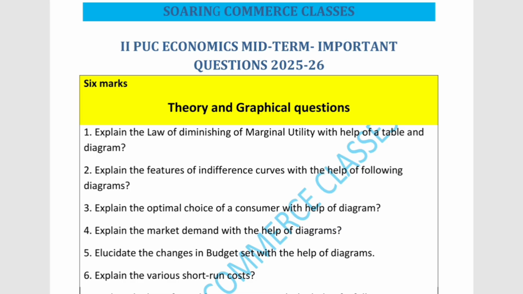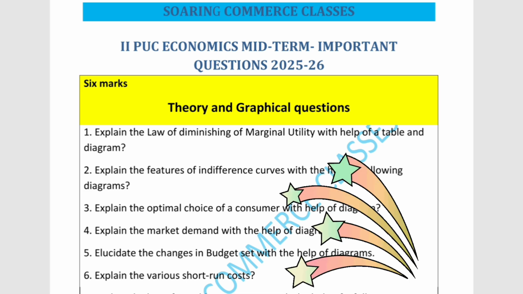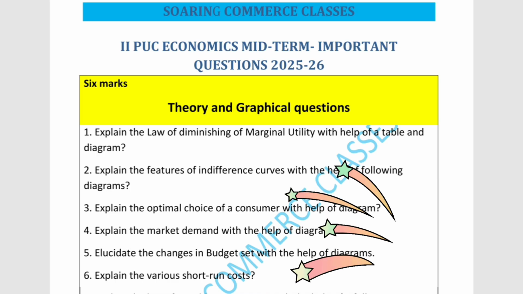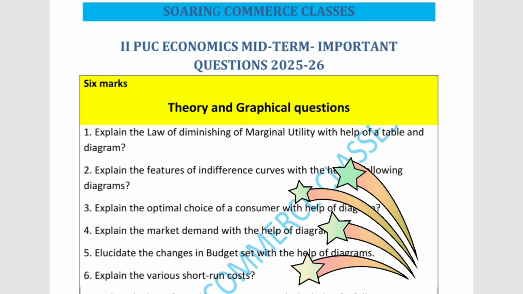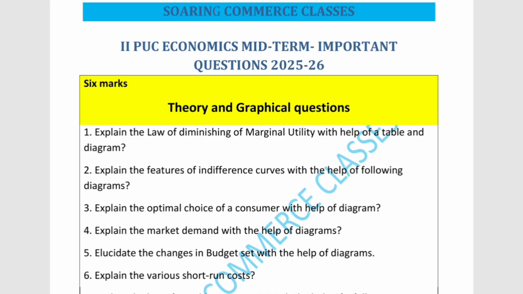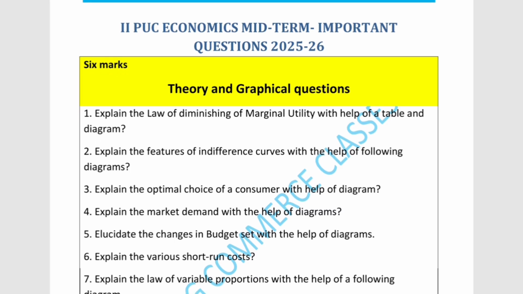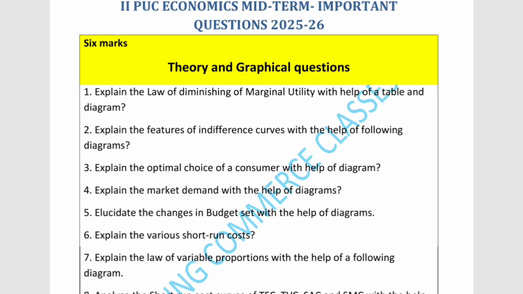Okay. So, shall we start from the theory of consumer behavior? So, the first question comes from the theory of consumer behavior, which is explain the law of diminishing marginal utility with the help of table and diagram. The second question will be explain the features of indifference curves with the help of diagrams.